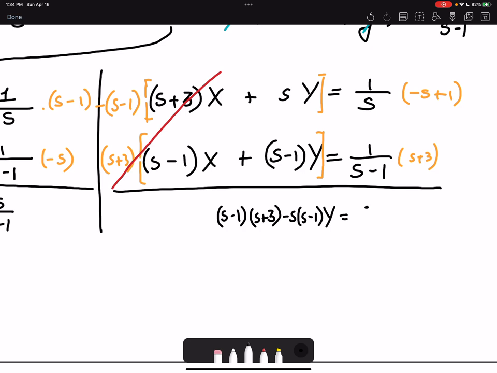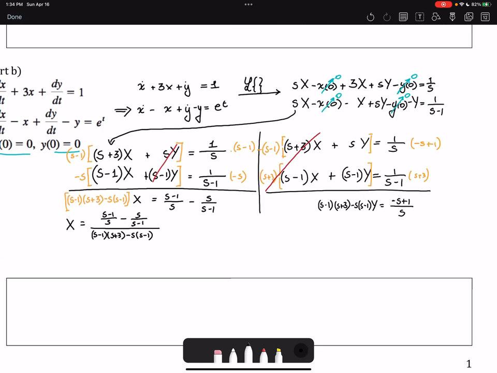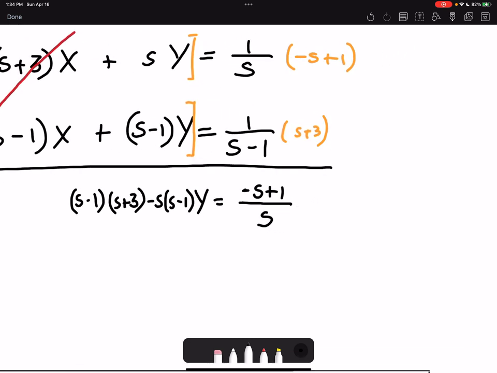Y equals negative s plus 1 over s, which is the same thing as minus s minus 1 over s, and plus s plus 3 over s minus 1.